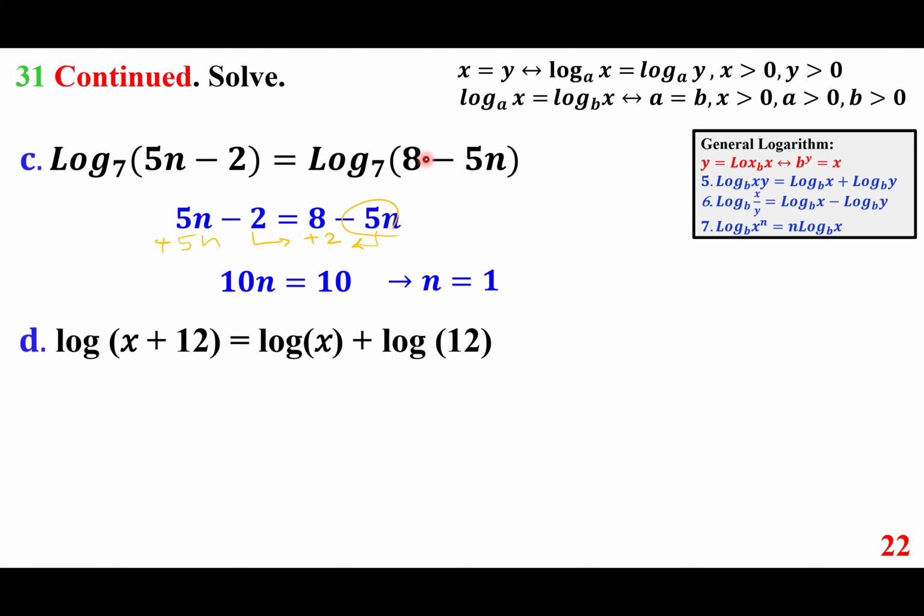In this case, both sides have logs. So the left side, there's nothing you can do, but the right side, you can do number 5, the product rule, and make it log of x times 12 or simply 12x. The left side doesn't change.